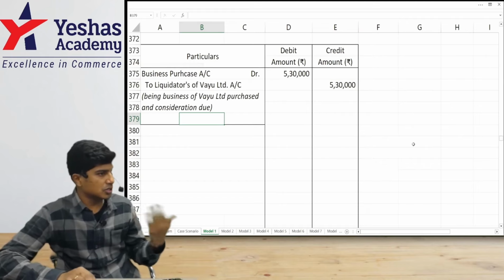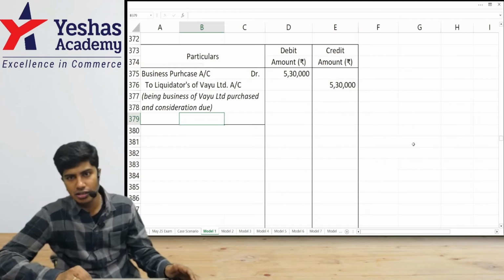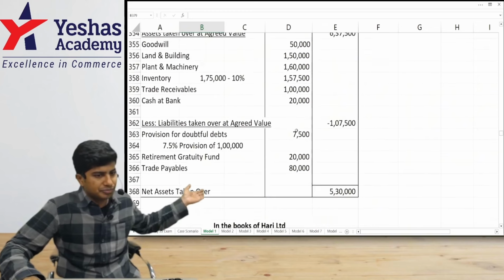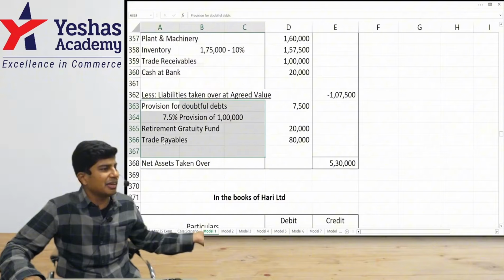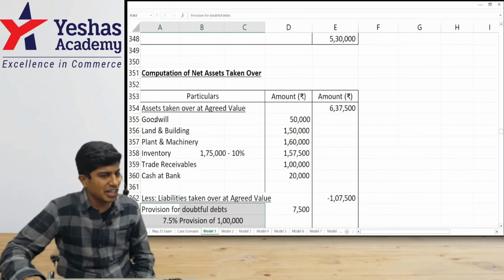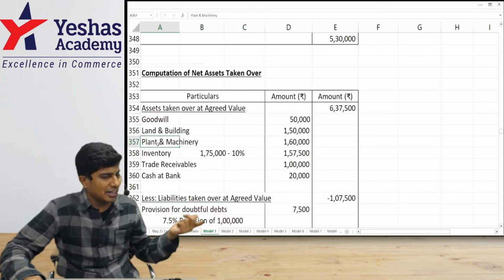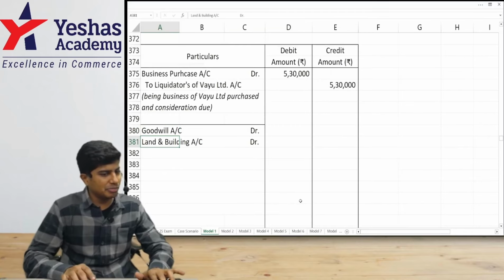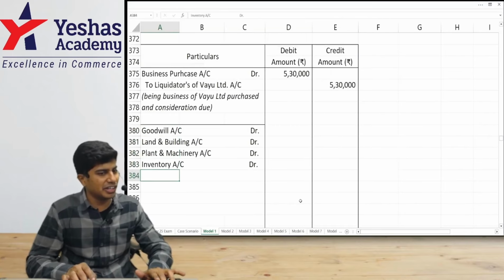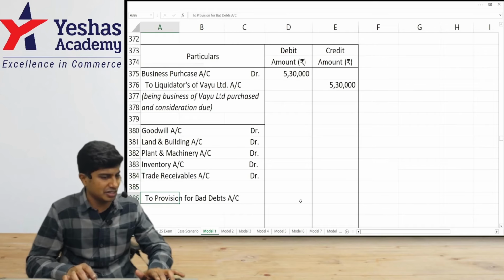Then we will open the box. When you open the box, what do you get? Assets. Whatever assets are there, debit them. Whatever liabilities are there, credit them. Debit assets: goodwill, land and building, plant and machinery, inventory, trade receivables, cash.